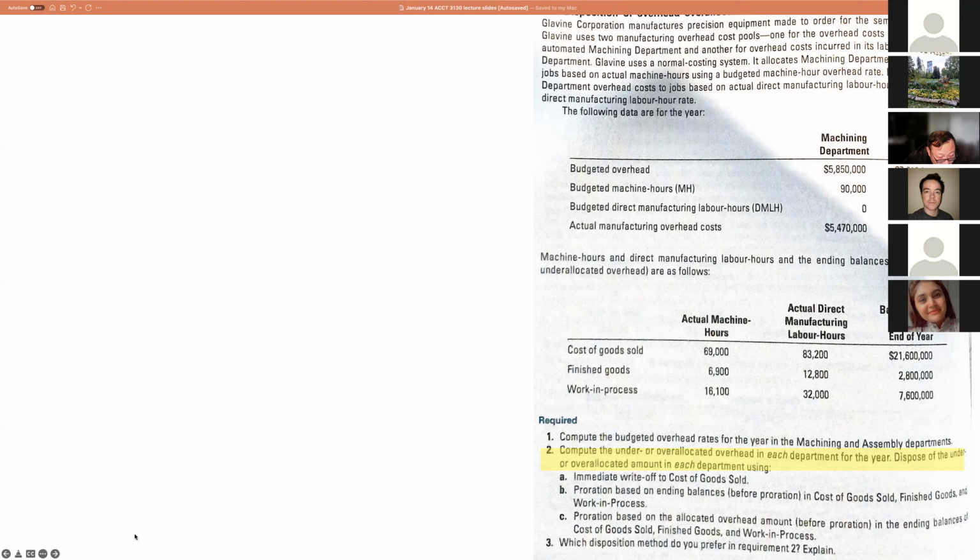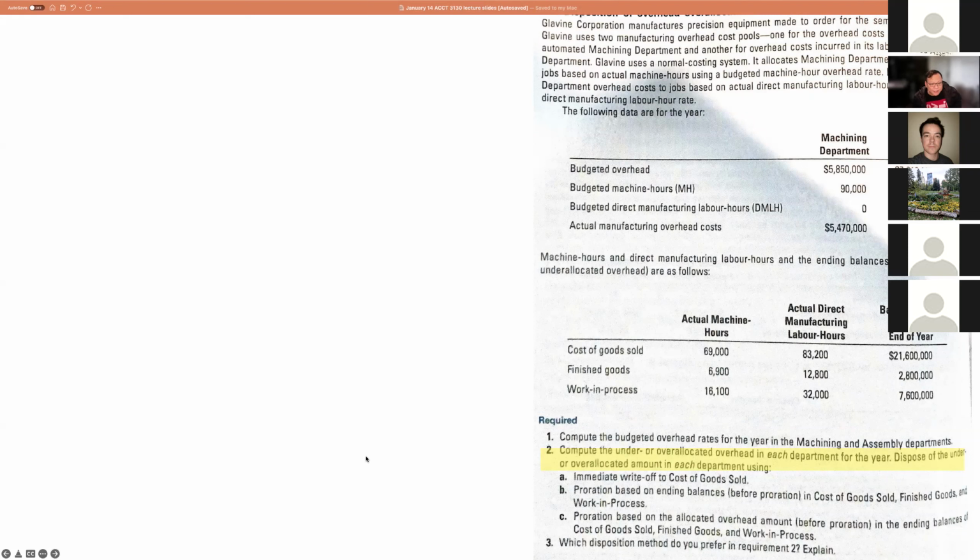Okay, so Muhammad and Samarin. Okay, AJ. Yeah, I would say it's the difference between your budgeted and actual costs. Yeah, so how do you calculate the amount of overhead applied? You would have your budgeted hours and then the rate, and then you would compare that against your actual costs.